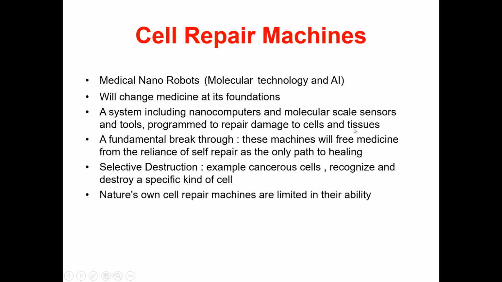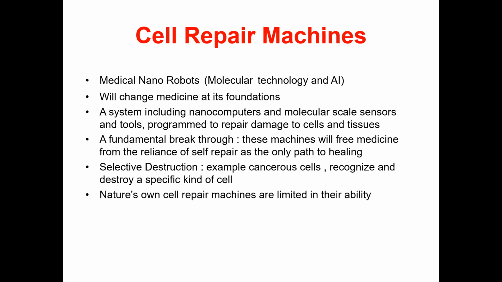Nanorobots work with the concept of molecular technology and artificial intelligence, and utilize sensors and tools that are programmed to repair the damage to cells and tissues. It's a fundamental breakthrough: these machines free medicine from reliance on cell repair as the only path to healing. I think it's one of the great achievements in the field of biomedicine.